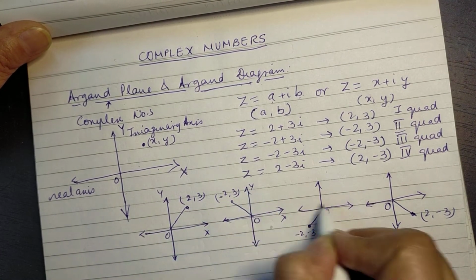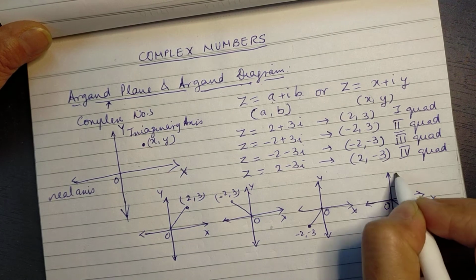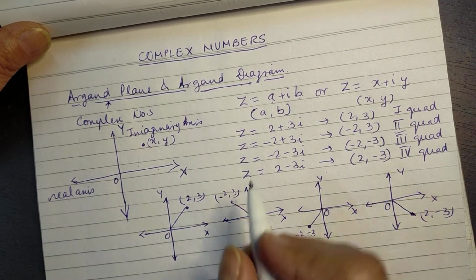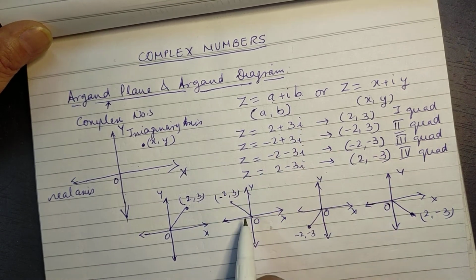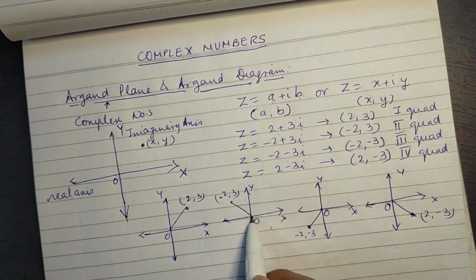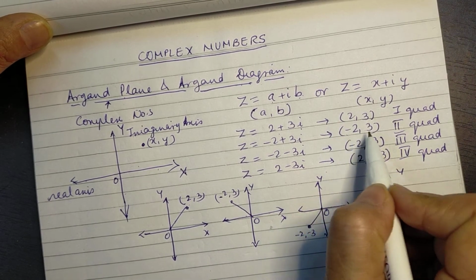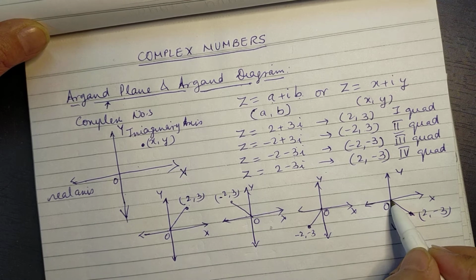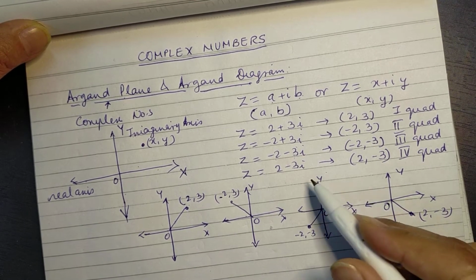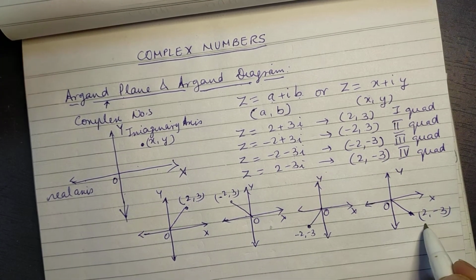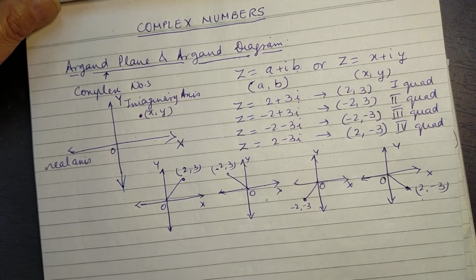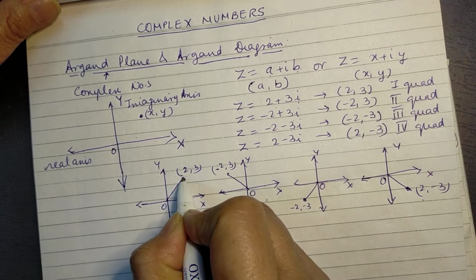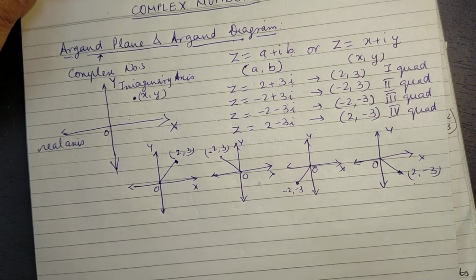This is the Argand diagram corresponding to the complex number 2 plus 3i, this one is for minus 2 plus 3i, this one is for minus 2 minus 3i, and this one is for 2 minus 3i.